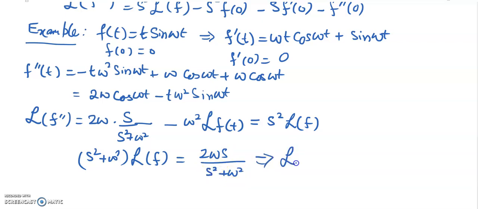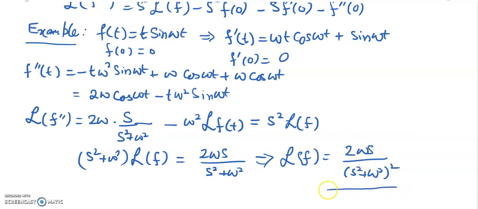So the Laplace of f in this case will be equal to 2 omega s over s square plus omega square, taking s square plus omega square to the other side. In this way we find that the Laplace of t sine omega t is equal to 2 omega s over s square plus omega square. So we have derived one relationship for the Laplace.